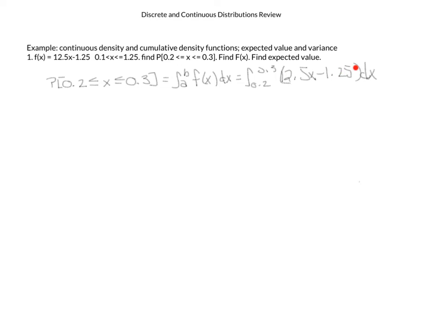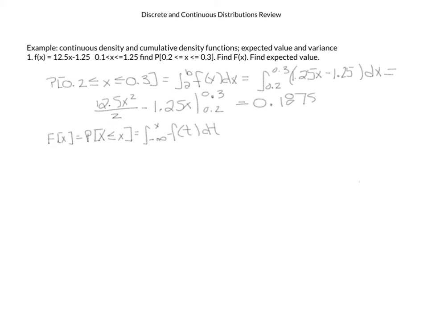That's my probability function. So I'm integrating my probability over all possible values of x between 0.2 and 0.3. The rest is integration and plugging in, and I get my answer here, 0.1875.